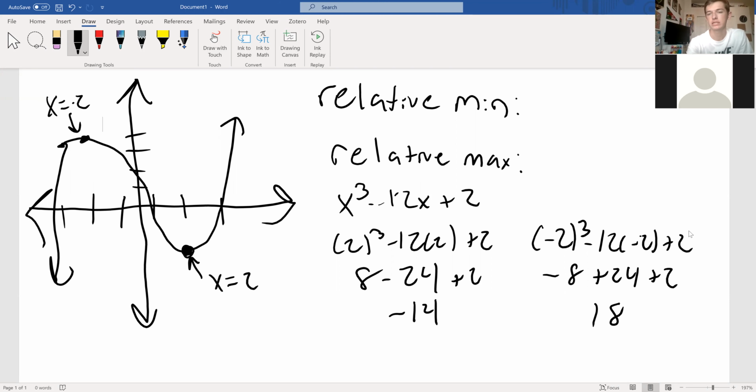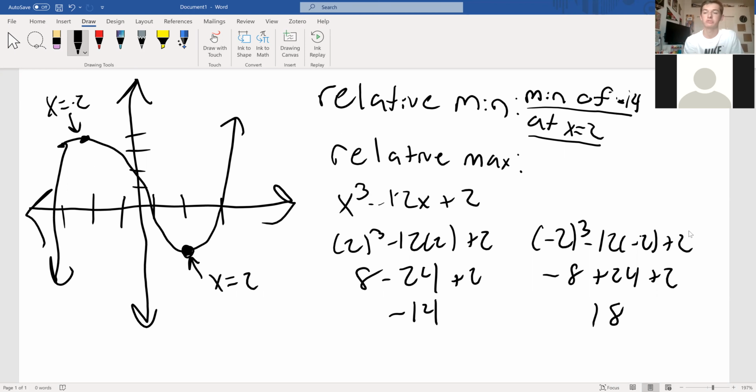So my relative min has a y value of -14 at the x value, x equals 2. You can word it differently. It doesn't have to be that exact wording, but somehow you have to say that at x equals 2, it's a minimum of -14.